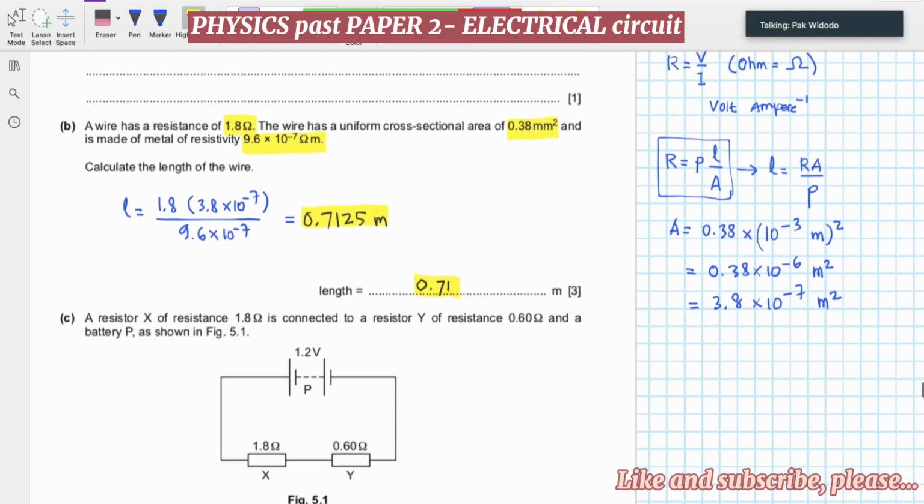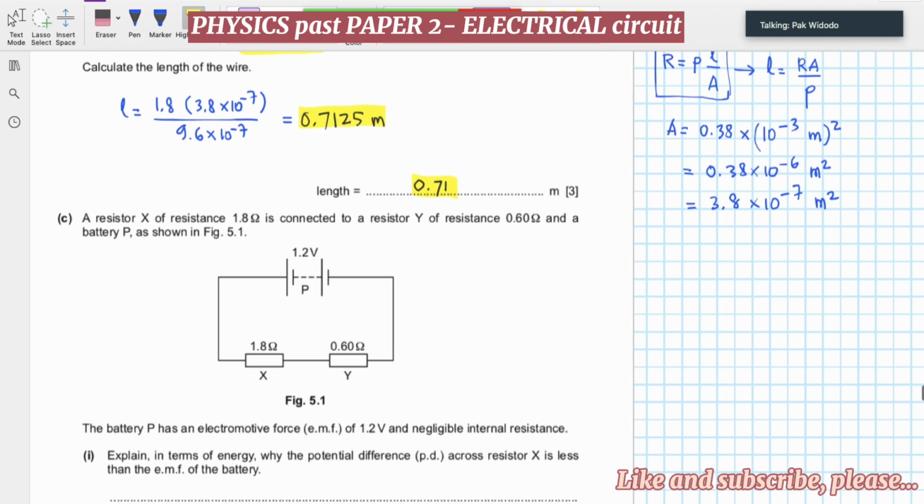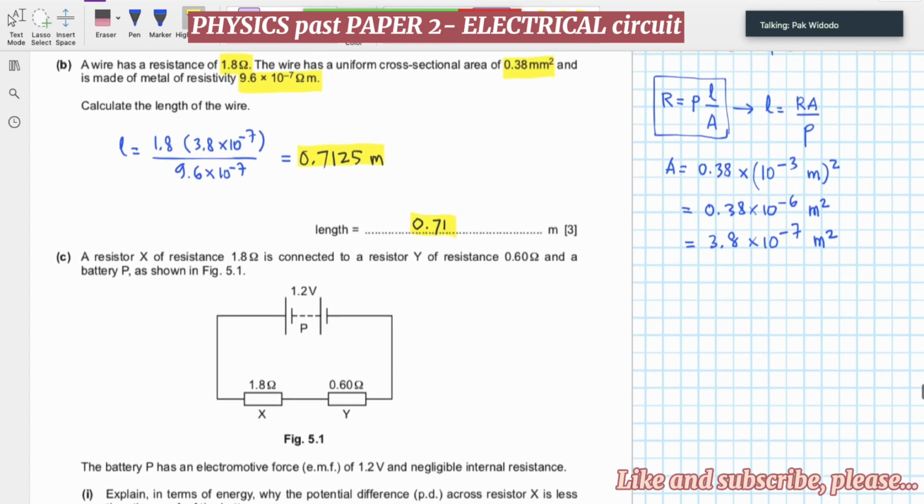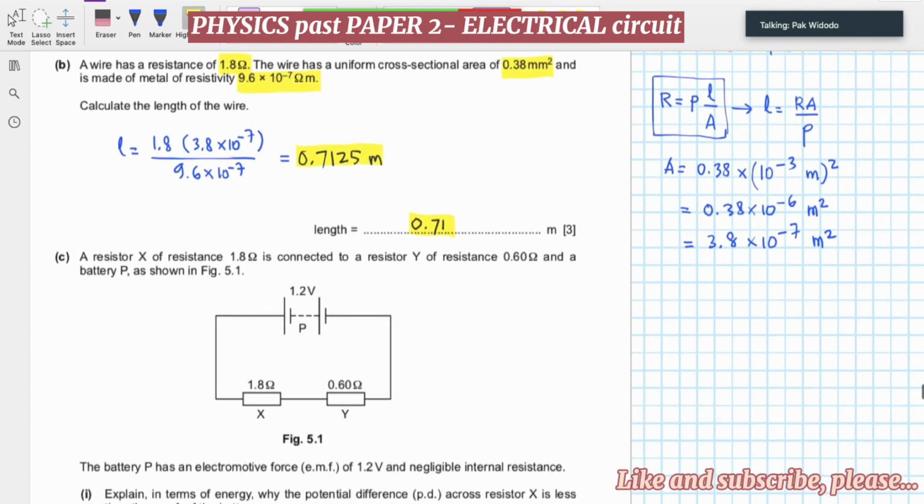Okay, I will scroll up to see question C. Question B you can still see. Question C: a resistor X of resistance 1.8 ohms is connected to resistor Y of 0.6 ohm and a battery P of 1.2 volt, in figure 5.1.